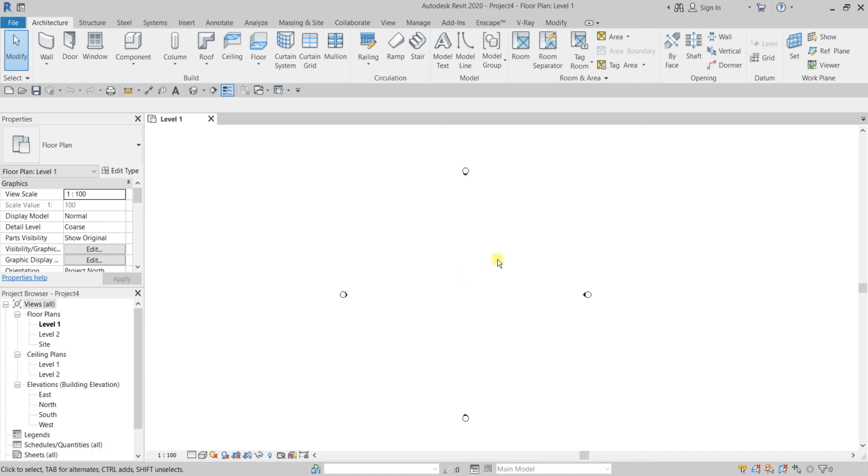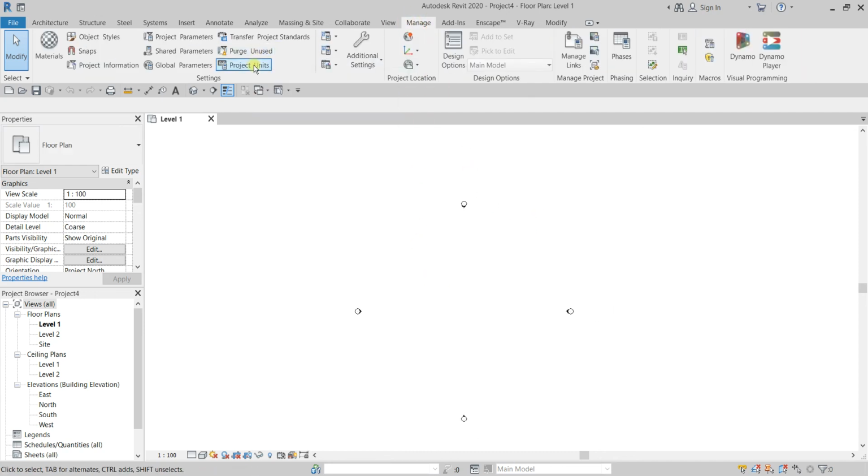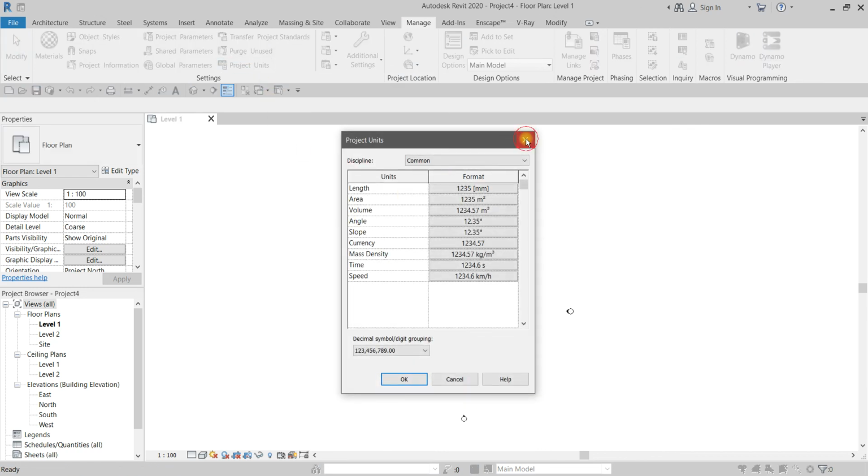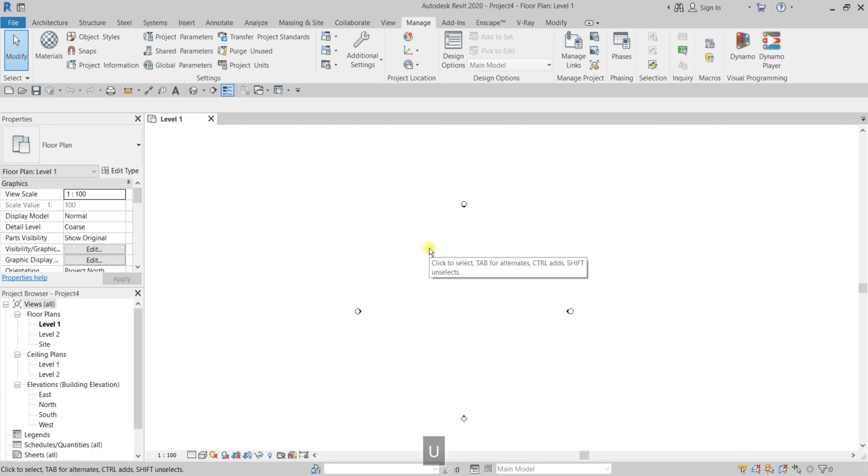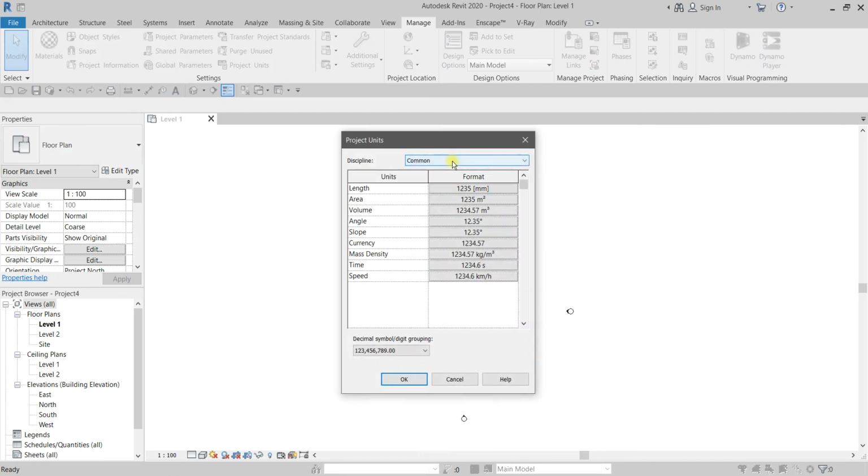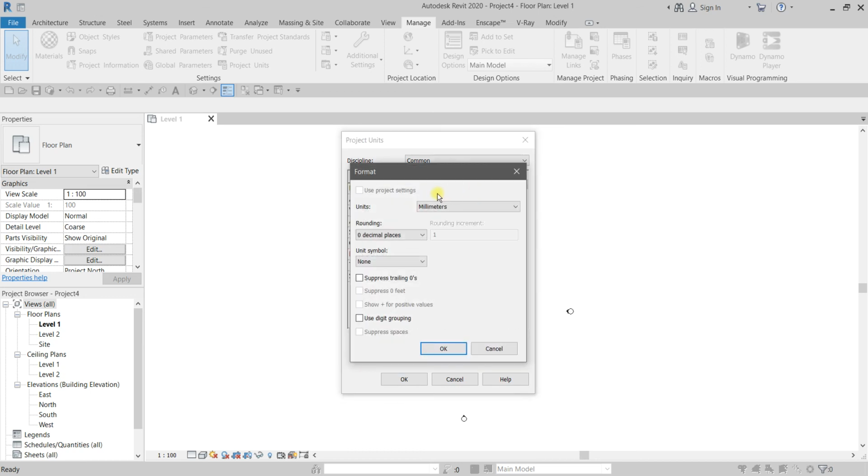The purpose of today's lesson is for you to understand the difference between imperial units and metric units, and the purpose of units, so you can decide which you prefer to use. Under the metric unit, when I come to Manage and Project Units, there is a shortcut you can use, which is UN, to give you the project units. Under length, we have millimeters, which has already been set.